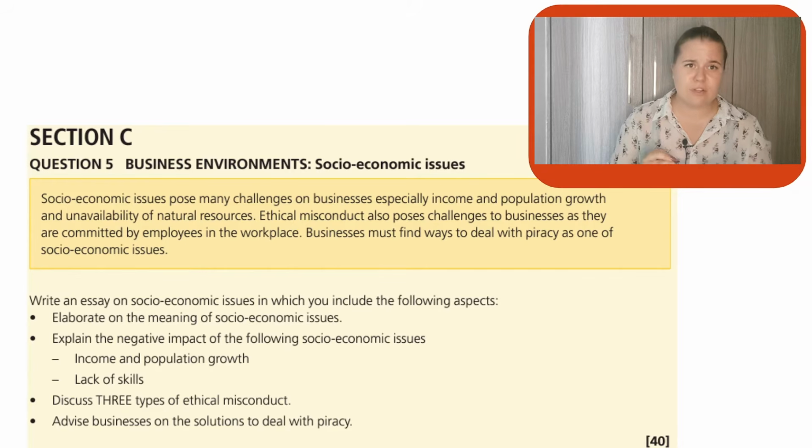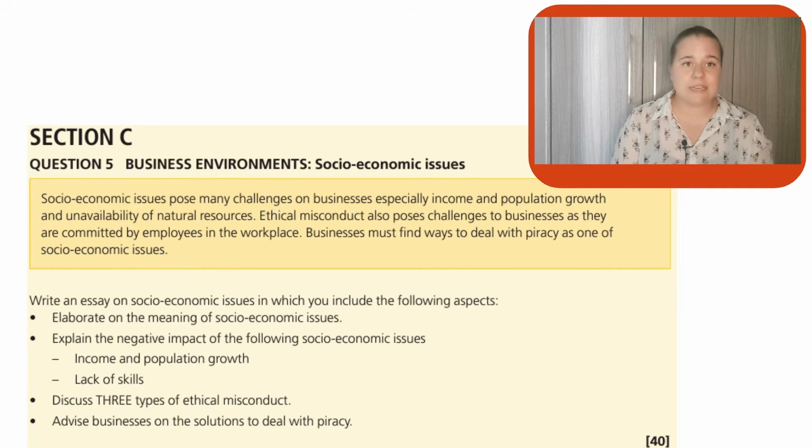Just be very careful. I've seen this time and time again. Students like to use some of these sentences with their introduction or within their essay. It's not included because I've given you this little snippet. So you cannot use any of these as part of your essay. Just bear that in mind.